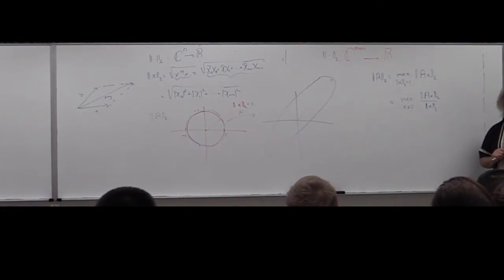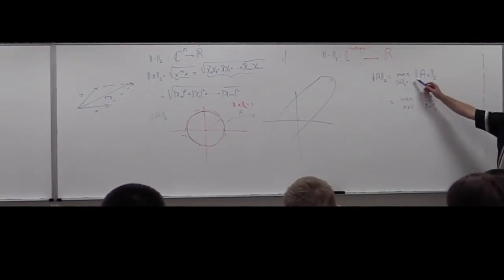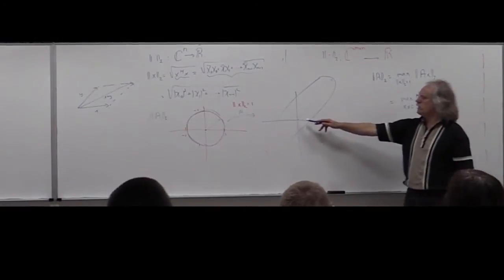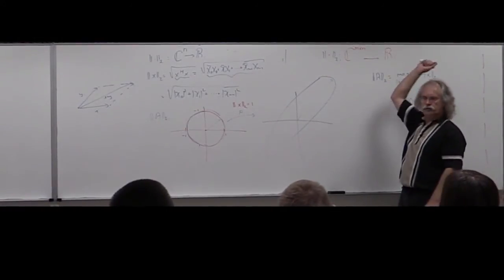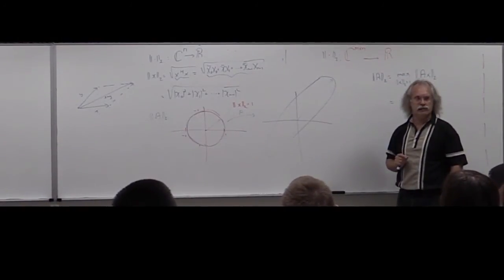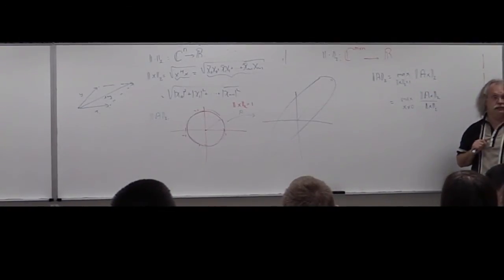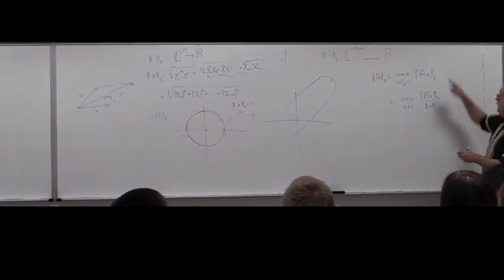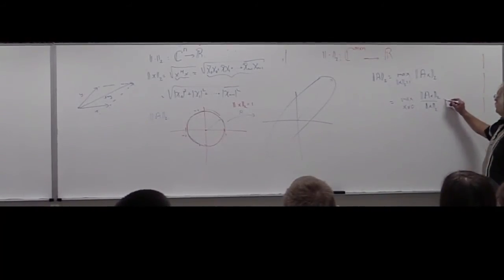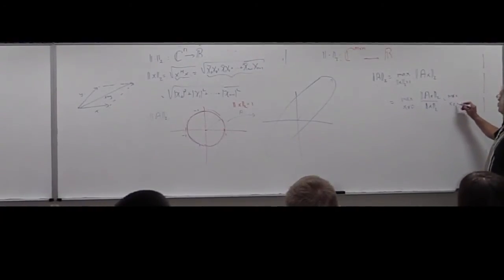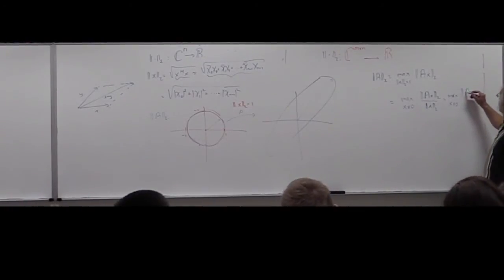Now, if there are really picky mathematicians in the audience, you should notice that we say, well, we don't even know whether this maximum exists. After all, it could go to infinity, right? And particularly for this definition, that could happen. Now, these two, of course, are just equivalent because you can always look at this as the max over x not equal to 0 of the norm of A times x divided by the norm of x.